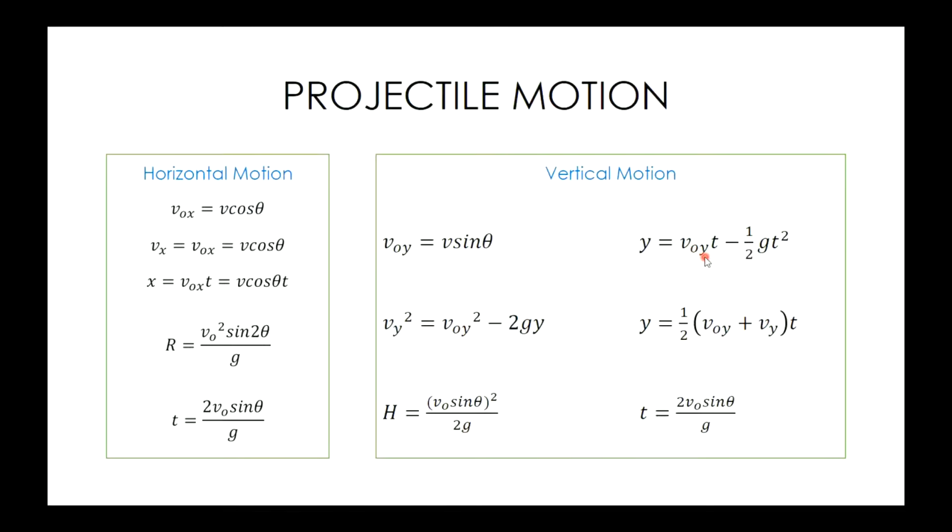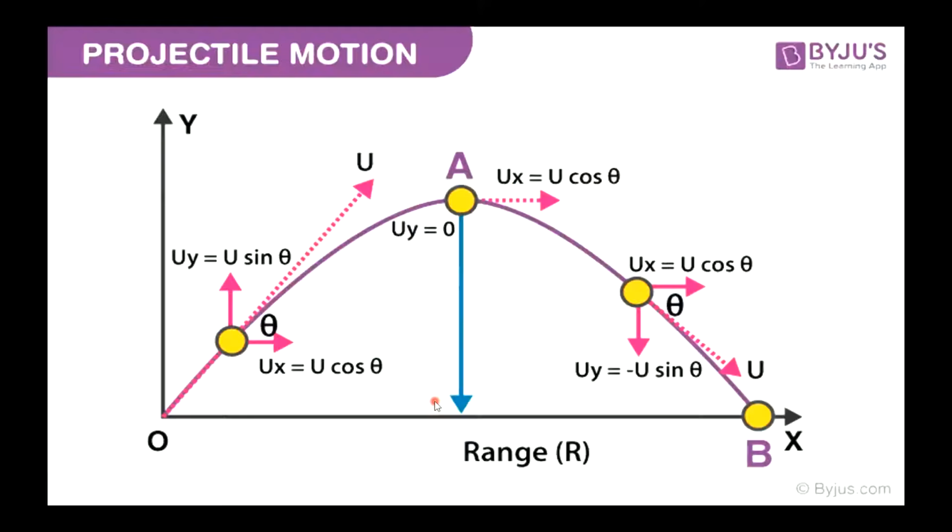So, we have y component of the initial velocity times time minus 1/2 gt squared. And also another formula, 1/2 sum of the initial velocity y component plus final velocity y component times time. Now for our h, so h is this one, the height from the apex to the ground.